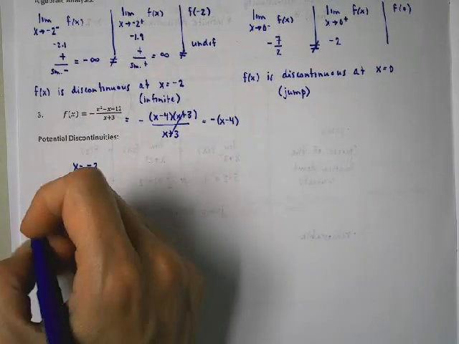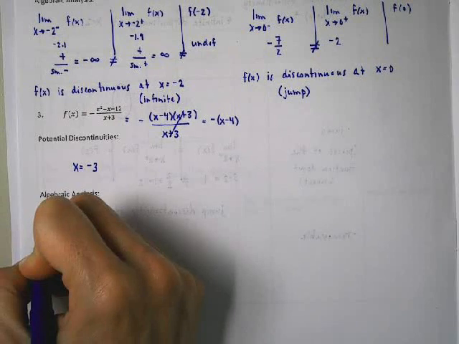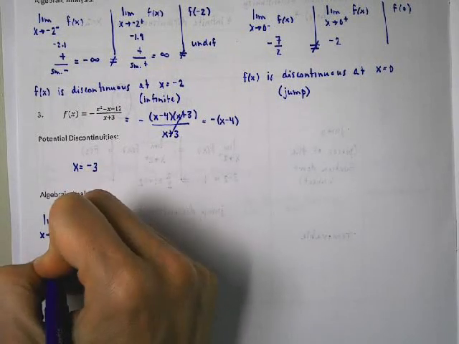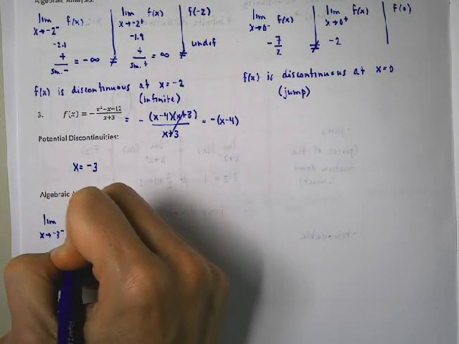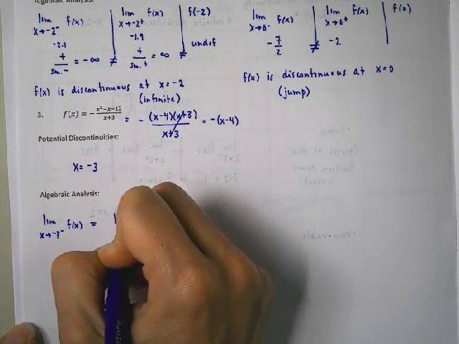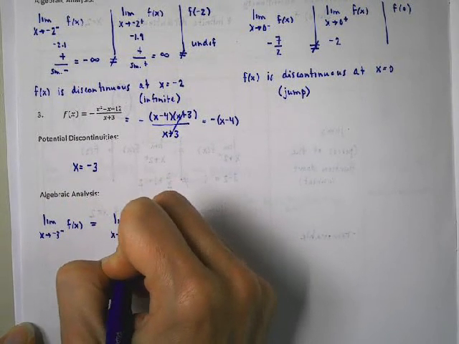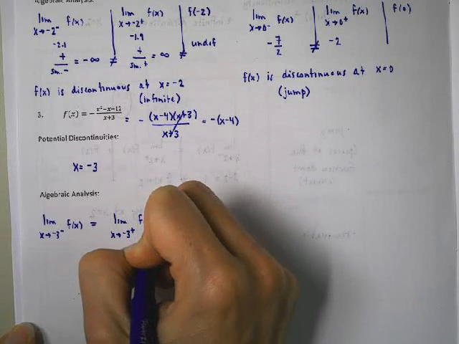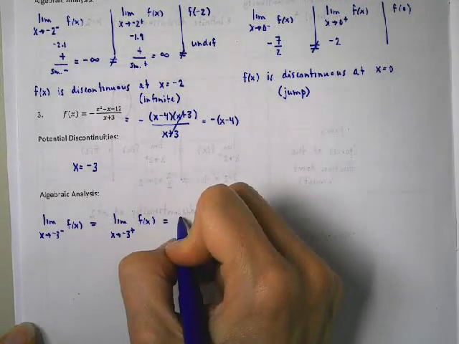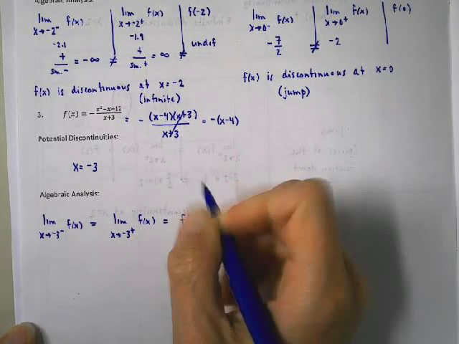Okay, now we're going to go through our exercise of checking negative 3 from the left, and then the right, and f of negative 3.